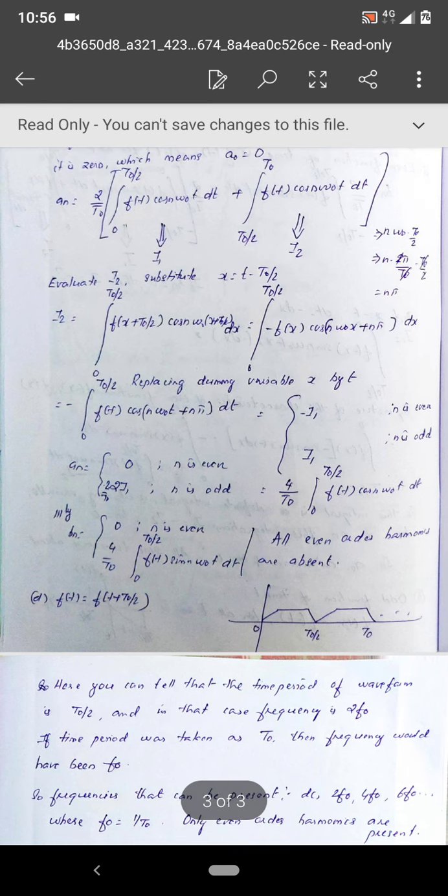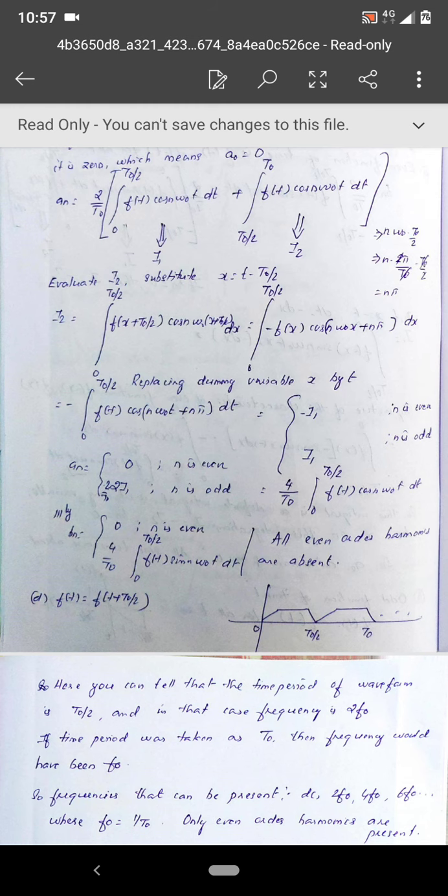If the time period becomes half, then the frequency doubles. So you can conclude that here the frequencies present are even order frequencies. The zero frequency is there, that is, the DC value is present, obviously, since when you take the average you get a DC value.